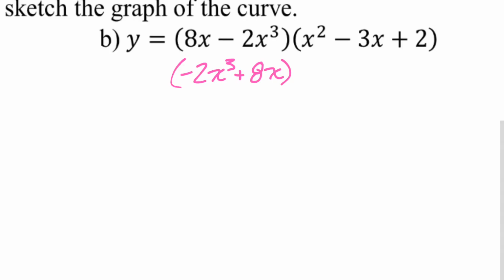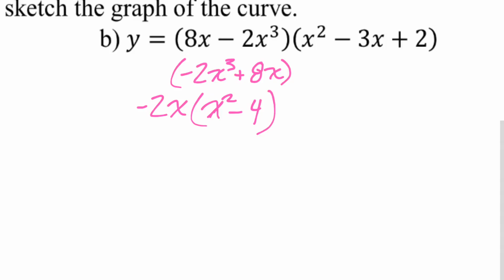Since my leading coefficient is negative, I want to pull that negative out to make it less gross. So I pull out not only a negative 2, as I just wrote, but also an x. And what am I left behind with? Well, negative 2x times x squared is negative 2x cubed. And if I factor a negative 2x out of 8x, what's left behind?